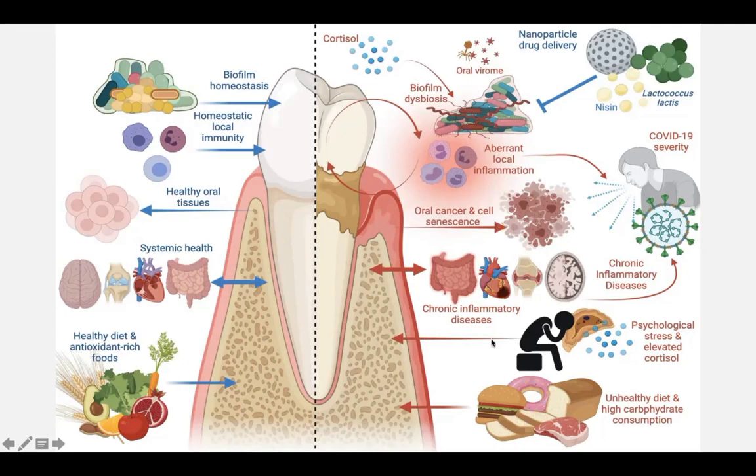And then there is some association with systemic and cancerous disease, and then unhealthy diet, psychological stress, and elevated cortisol. Cortisol is the same thing. And an unhealthy diet, sugary, high carbohydrate consumption.